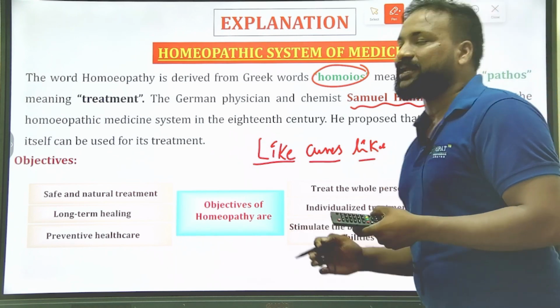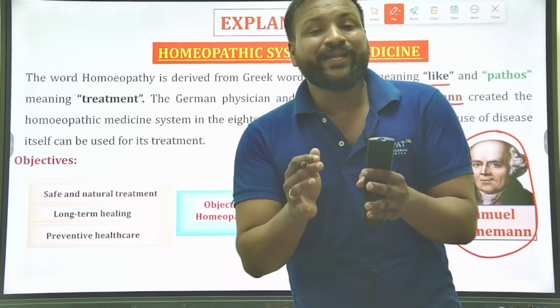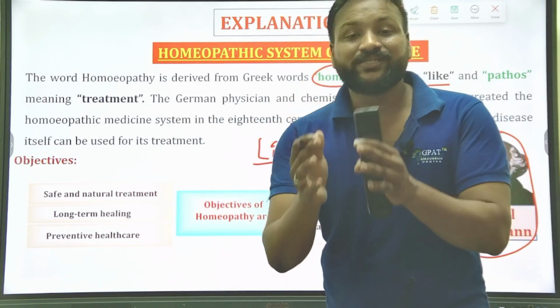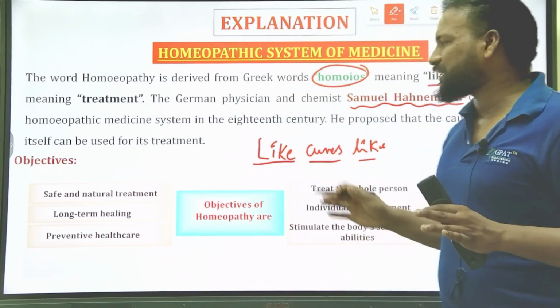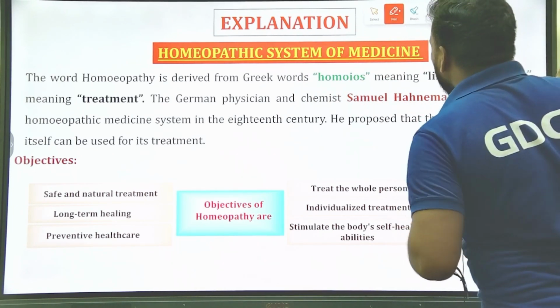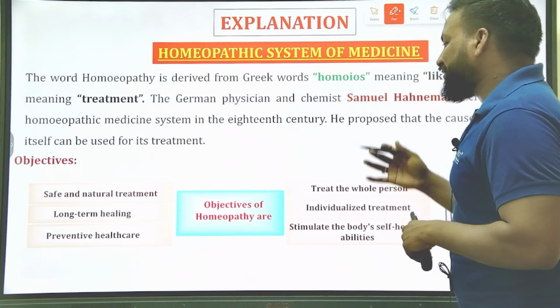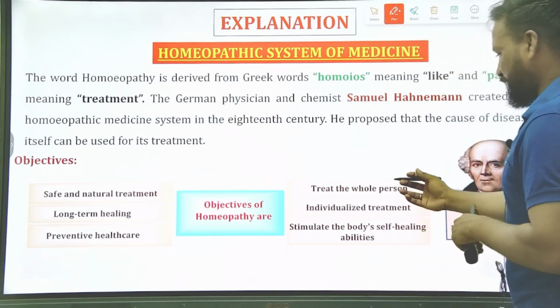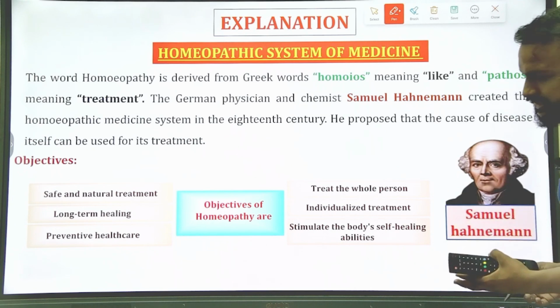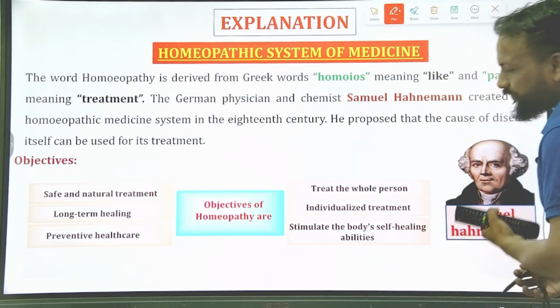According to his like uses like, the thing which is responsible for curing a disease can itself cause disease symptoms. That is homeopathy, and he proposed this system of medicine. He also proposed different principles: similia similibus curentur, individualization, potentization, and the law of similarity.